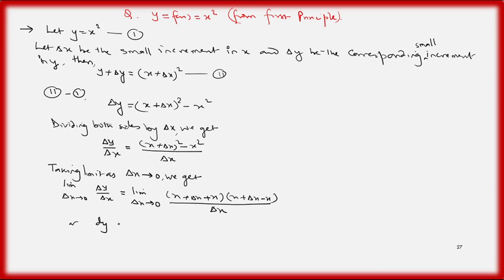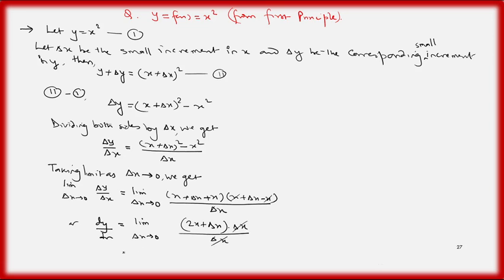Or by the definition, this is dy by dx, whole this, and limit del x tends to 0 can be cancelled. And x plus x is 2x plus del x times del x over del x.